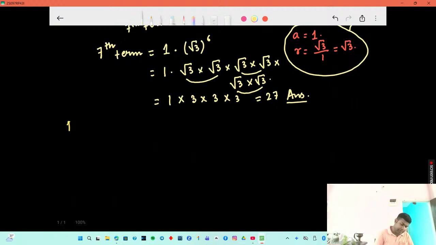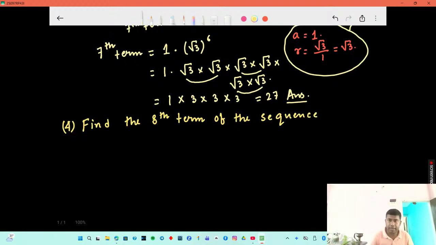Now the question is given as: find the eighth term of the sequence 3 by 4, 1 by 2, 3 by 2, and so on.